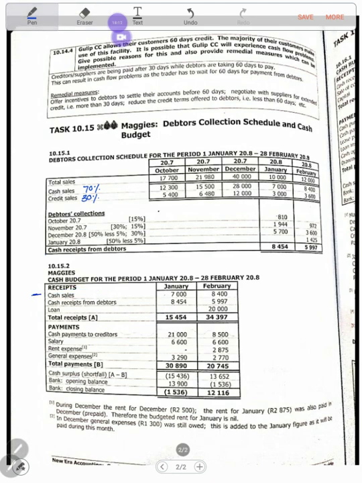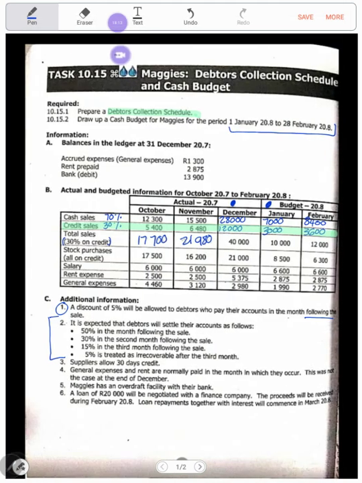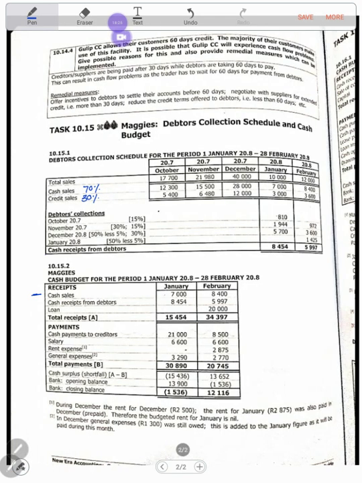How did we work that out? They have given us total sales, remember, and we worked out the cash sales, which was 70%. We are only interested in our budgeted period, January and February, and we literally took the 7,000 and the 8,400 and we jotted it down in the respective column and line.